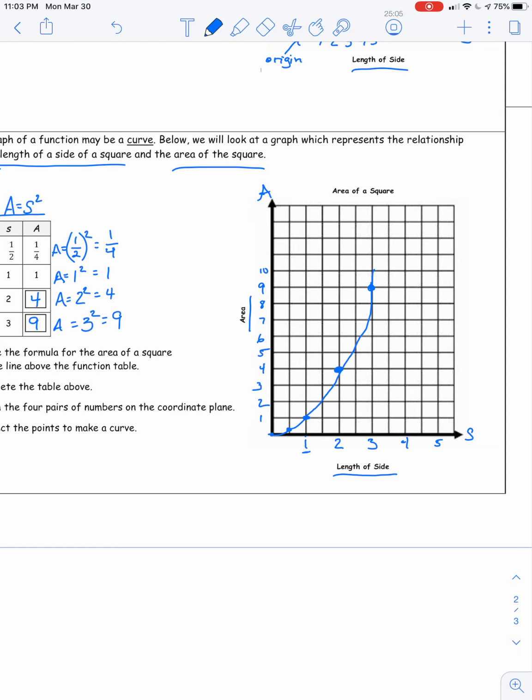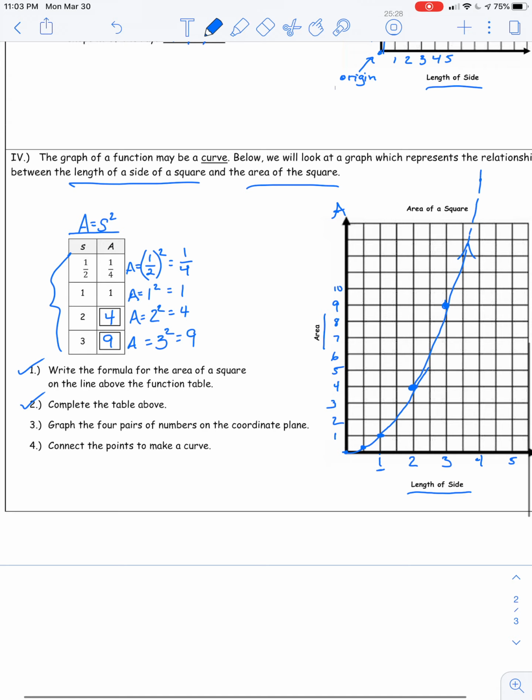You're getting a curve, and mine didn't turn out very pretty. Try that a little bit differently. Okay, see how that's curving? And actually, the next one would be, if I had a 4, we'd be at 4, 16, way up here somewhere. So that baby's going way up in here. Okay, but it's curving. It's a line that is curving.